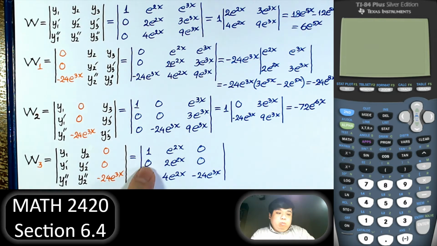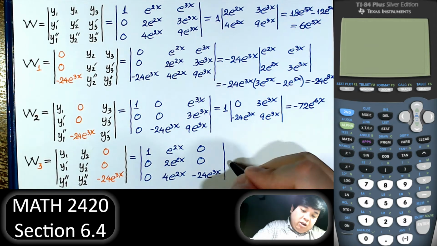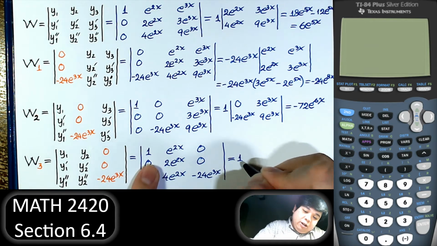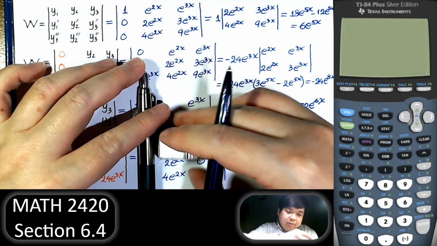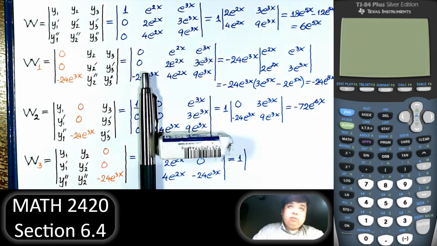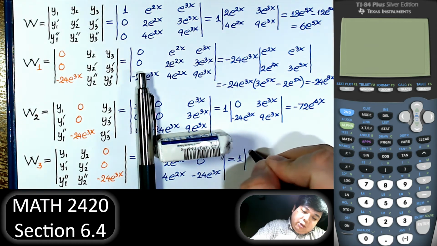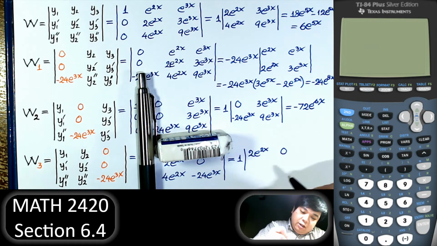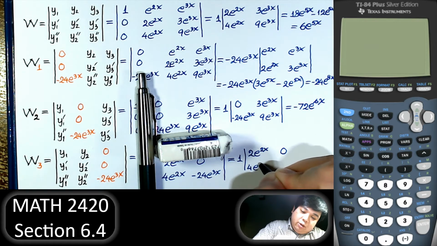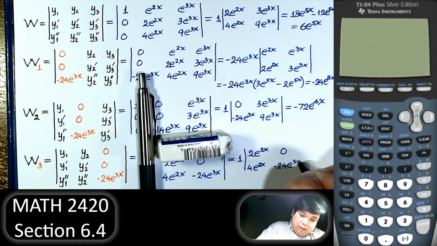Once again, I will evaluate based on the first column. So we have 1, cover the row and the column containing 1. So we have 2e^(2x), 0, 4e^(2x), negative 24e^(3x).